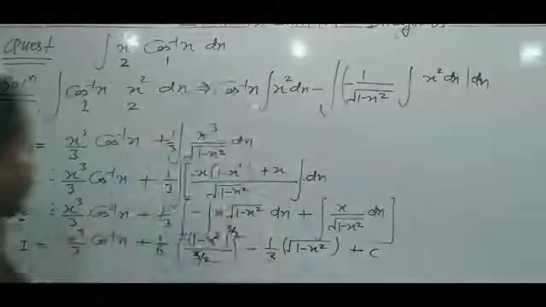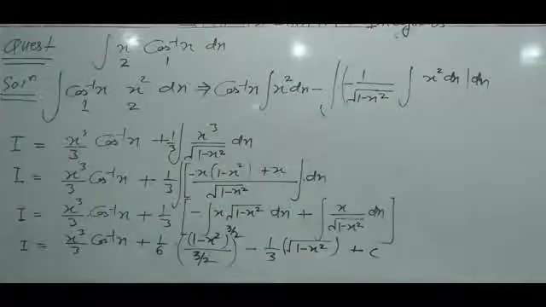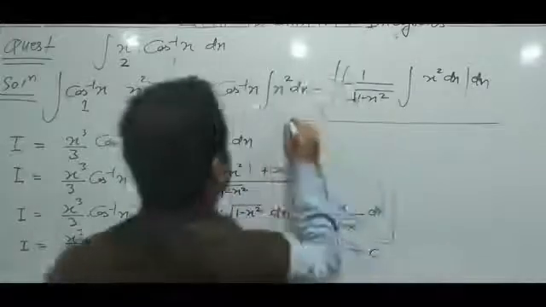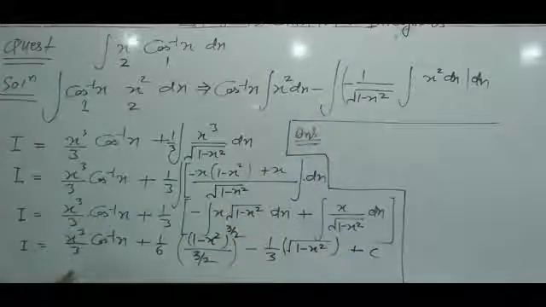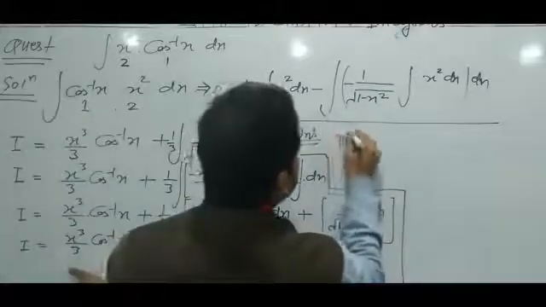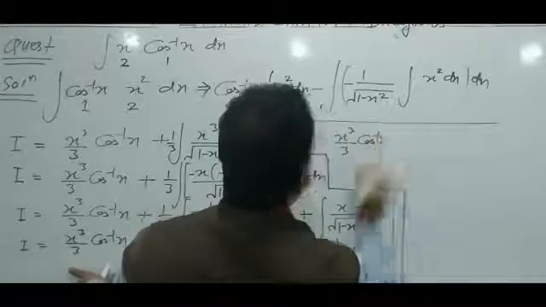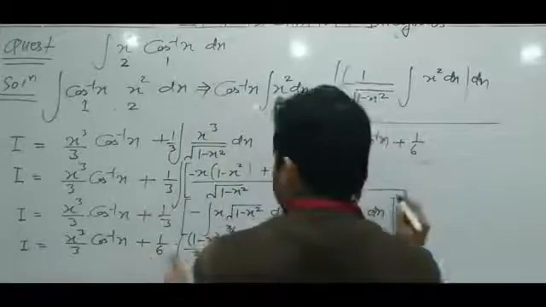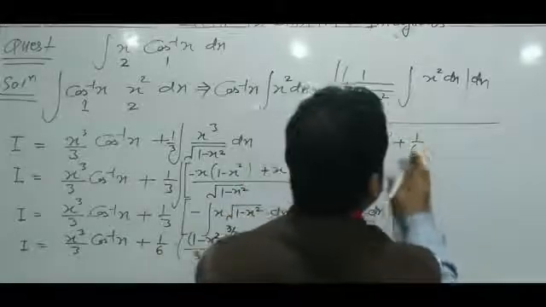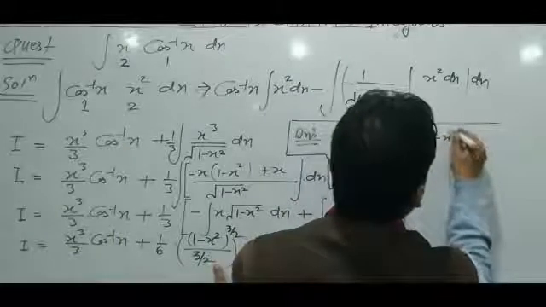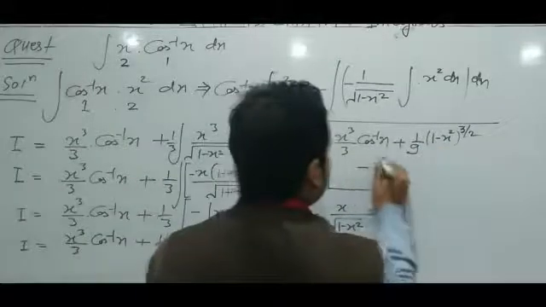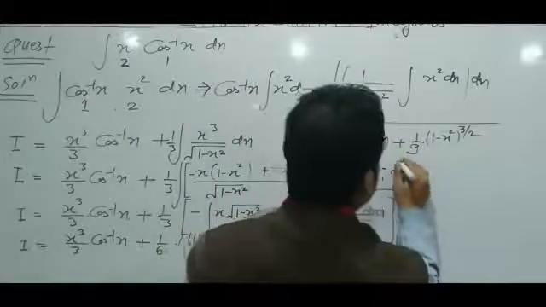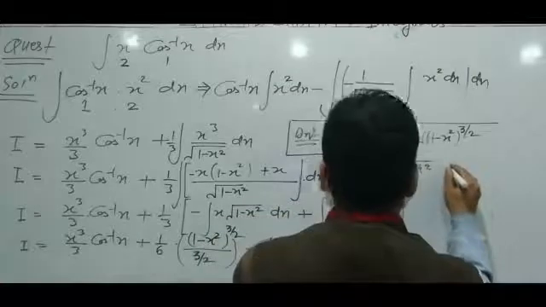And now plus c. Now what will be the answer? The answer will be x cube by 3 cos inverse x plus 1 by 6, divided by 2 gives 1 by 3, so this will be 1 by 9, 1 minus x square to the whole power 3 by 2, minus 1 by 3 root over 1 minus x square, and now plus c.